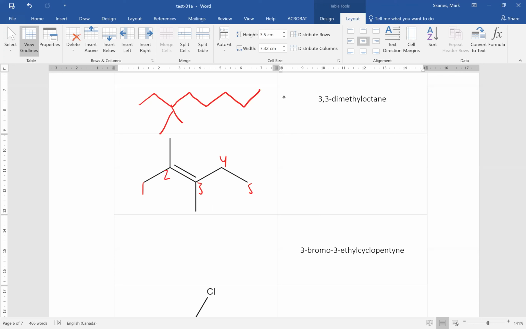So this would be 2, 3-dimethyl 2-pentene. I don't know why it's moving my text, but anyways, there we go. So 2,3-dimethyl 2-pentene. All right, I'm not going to do all these.